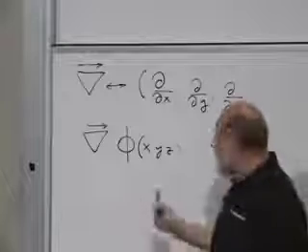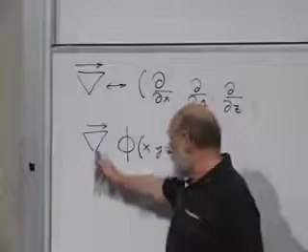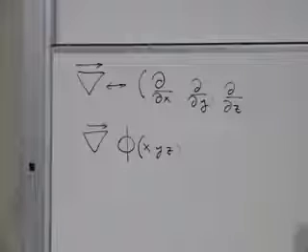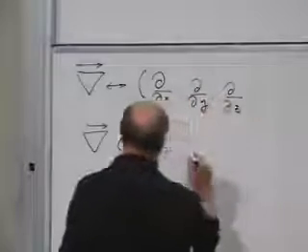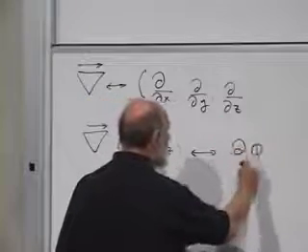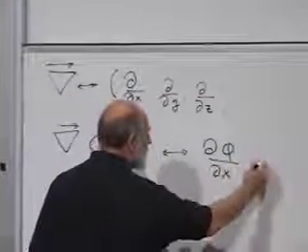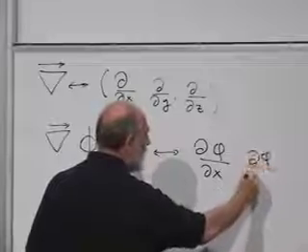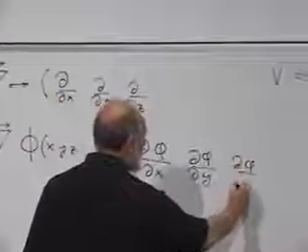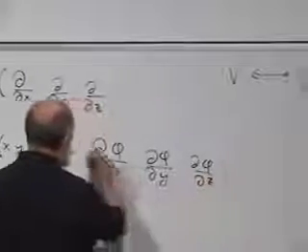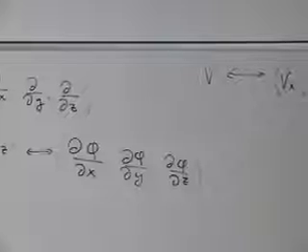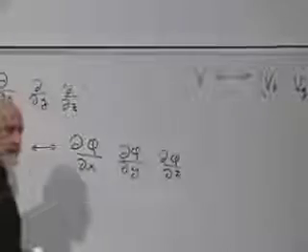It makes a vector. Phi is not a vector, but del phi is a vector. And what are the components of the vector? The components of the vector are just derivative of phi with respect to x, derivative of phi with respect to y, and derivative of phi with respect to z. So it creates a vector from a scalar. That's one example of the use of del.